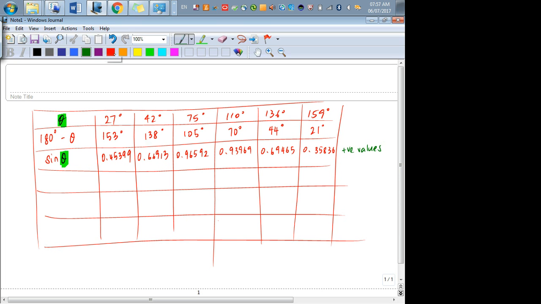Sine 180 degrees minus theta. Same thing, we fill it up again. This time we are using these values over here. So calculate.